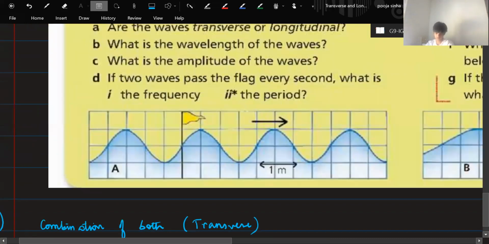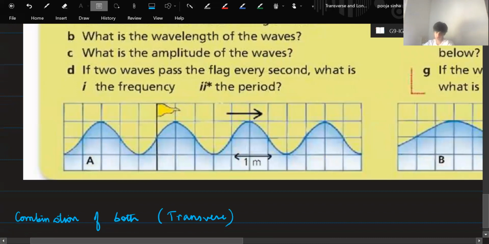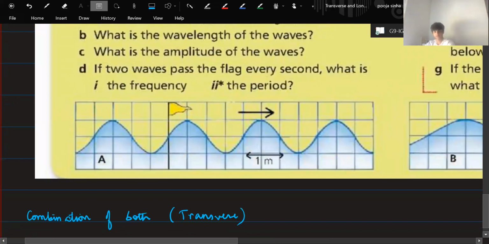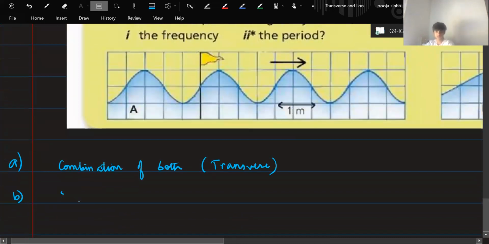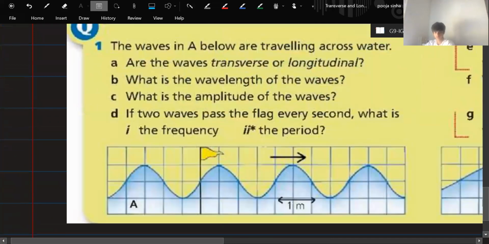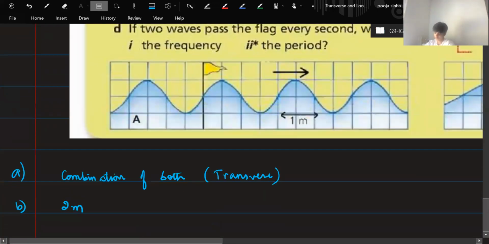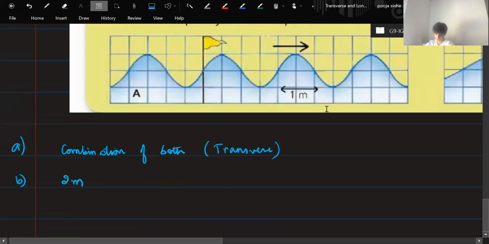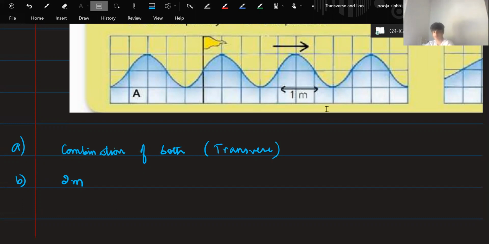What is the wavelength of the waves? 2 meters. Good. Then what is the amplitude of the wave? 1 meter? Amplitude is measured in meters, but how is it 1 meter?